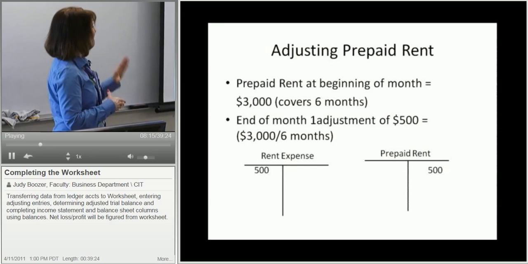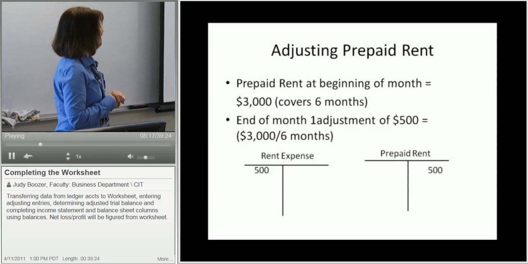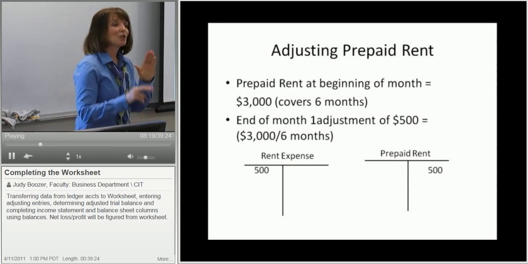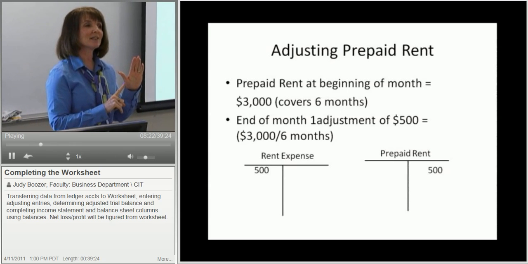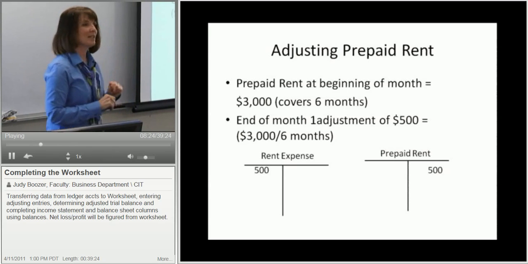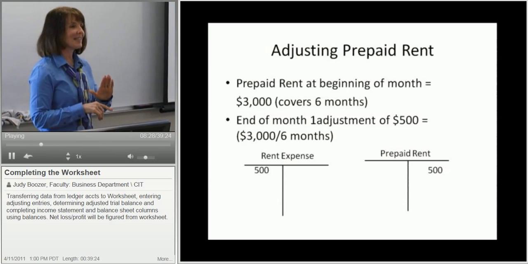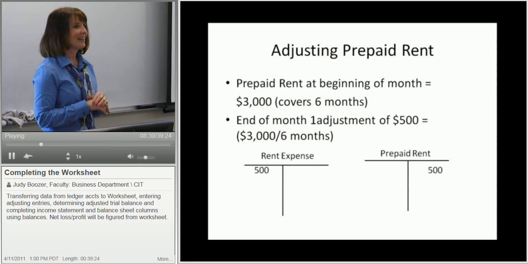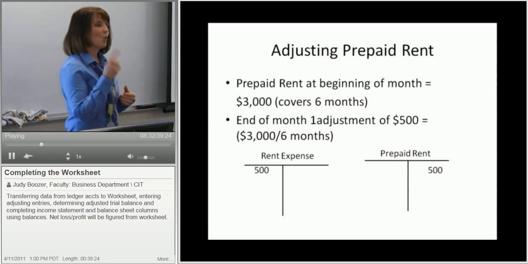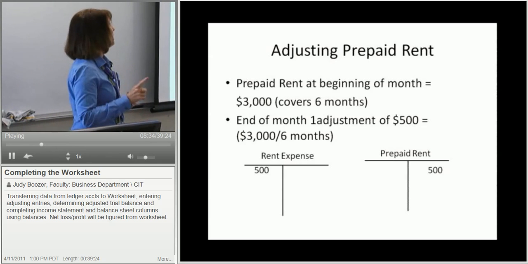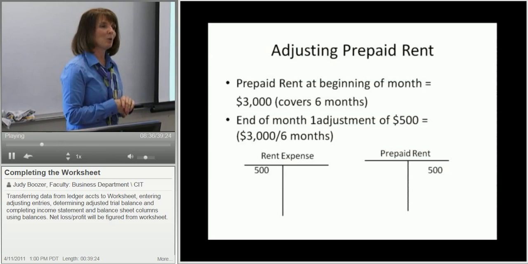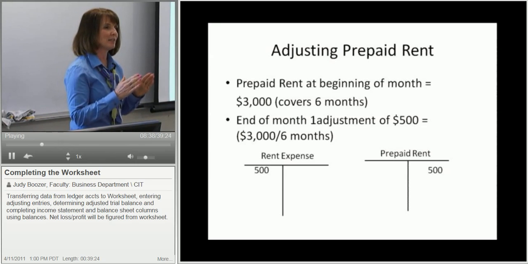How'd you get 500? Yes. The total prepaid rent was $3,000. It's good for 6 months, so 3,000 divided by 6 is 500. So 1 month of adjusting for prepaid rent is 500.